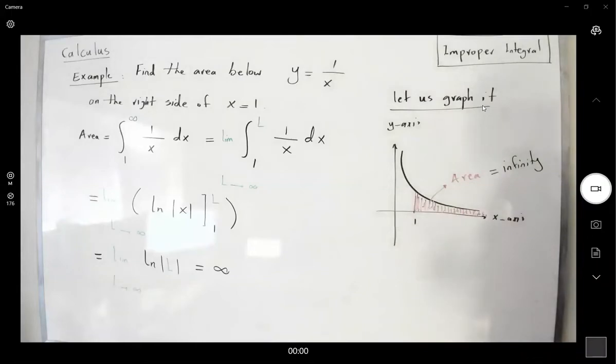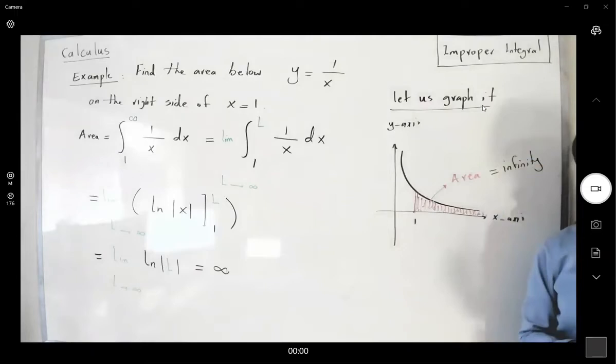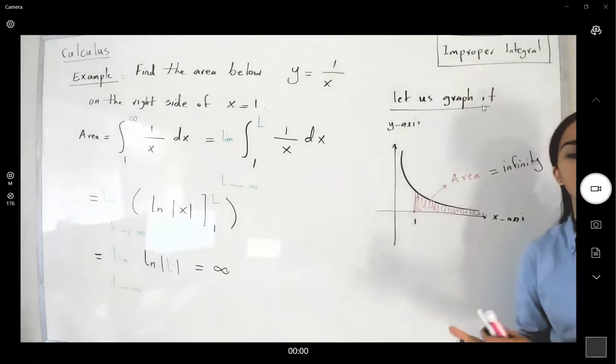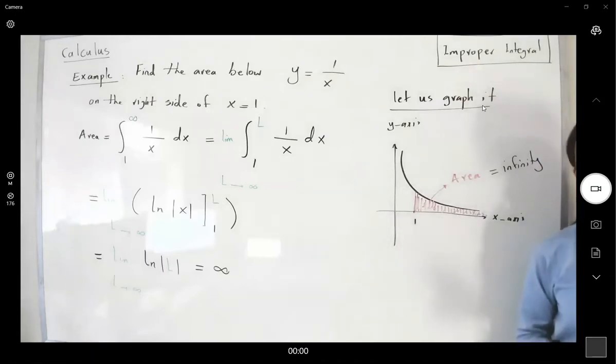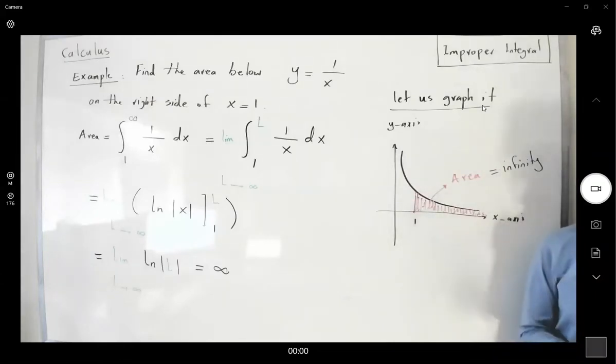So as you can see, you're dealing with two types of area calculations when it comes to improper integrals. Sometimes it converges to a nice number, like the previous example, 1. Some other times it diverges to infinity.